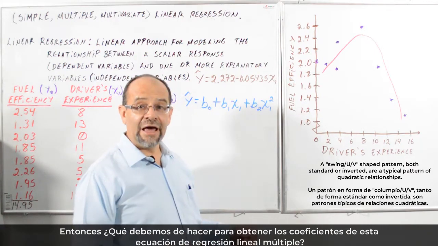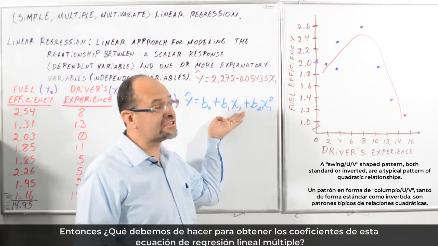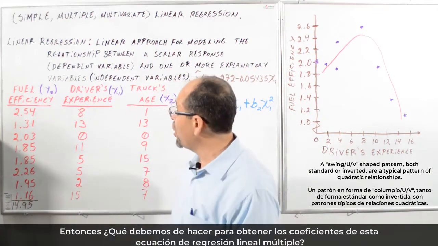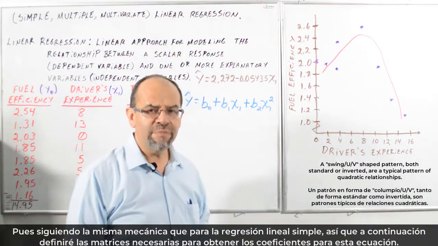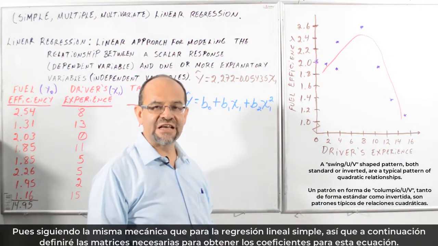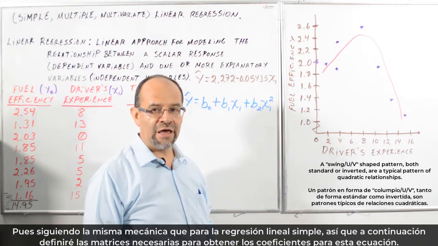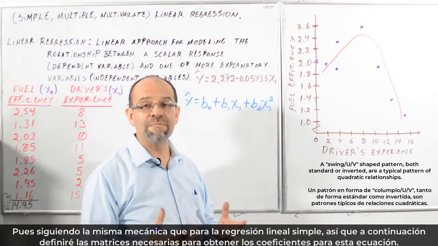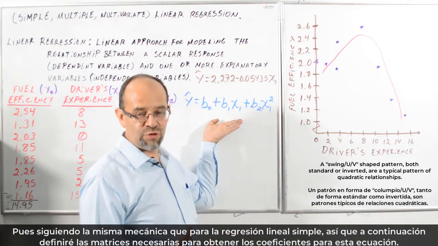Well, what do we have to do to obtain the coefficients for this equation, which is multiple linear regression? Well, using exactly the same mechanics. And that's what I will expose next, defining the matrices to obtain the coefficients for this equation.